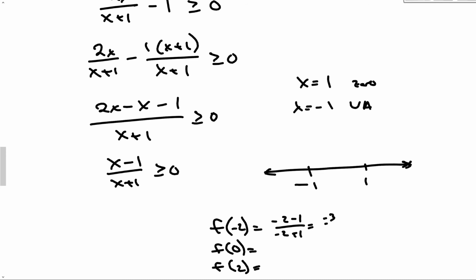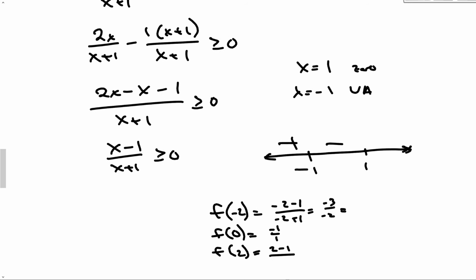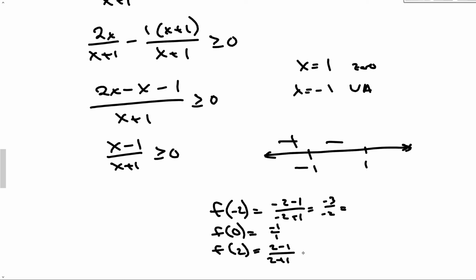That's negative 3 over negative 1, which is positive. F of 0 is going to be negative 1 over positive 1, which is negative. And f of 2 becomes 2 minus 1 over 2 plus 1, which is 1 over 3, which is positive again.